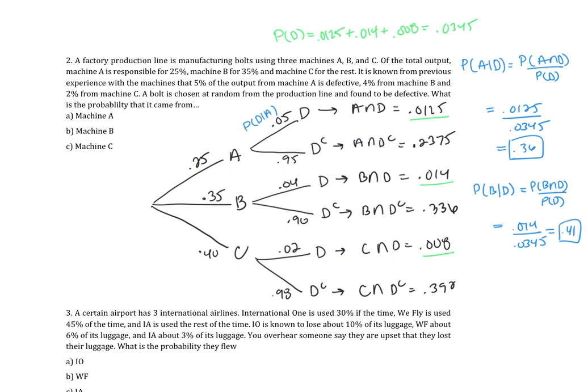And last but not least, part C. Probability of C given defective, probability C and defective over the probability of being defective is going to be 0.008 divided by 0.0345, which is approximately 23%.